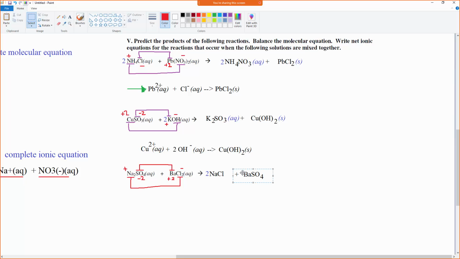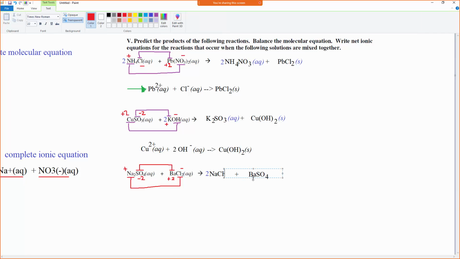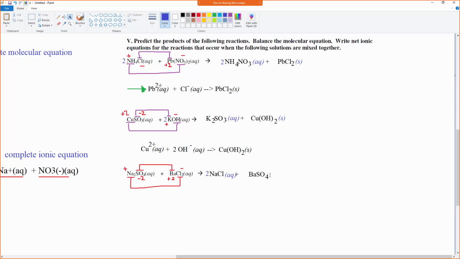phases, right? What's going to be solid, what's going to be aqueous. So is sodium chloride going to be soluble or insoluble? Oh, Nicole, perfect, soluble. So that's going to be AQ. Okay, what about the barium sulfate?